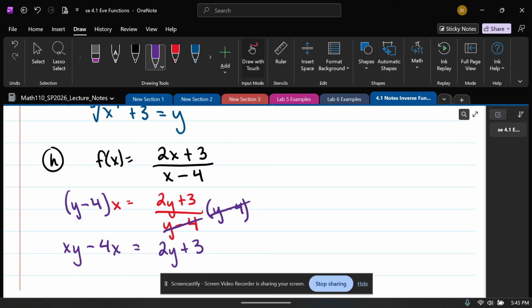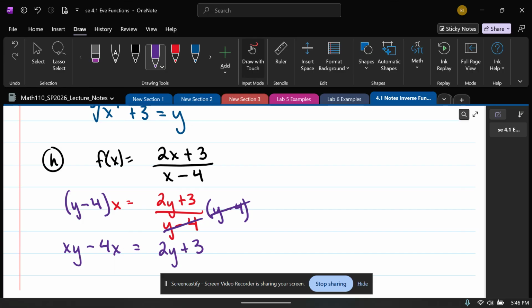All right, so the purpose is to try and get y by itself. So we want the y's to be by themselves. I need to get the things that have y on one side, and the things that don't have y on the other side. The things that have y are xy and 2y, so I need those on the same side. And on the other side, I need the 4x and the 3.